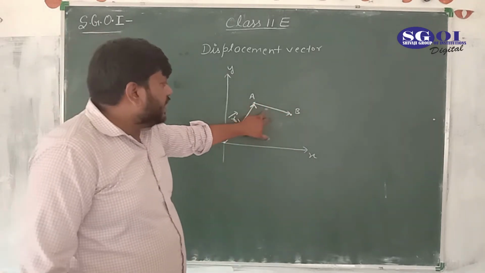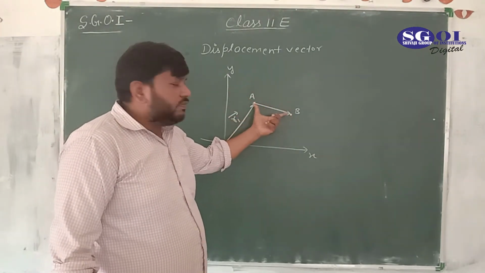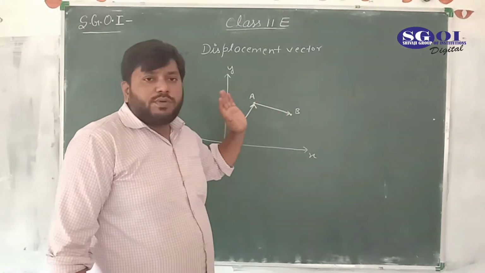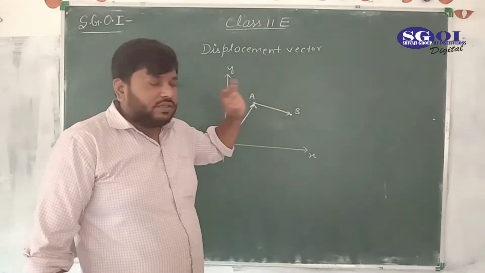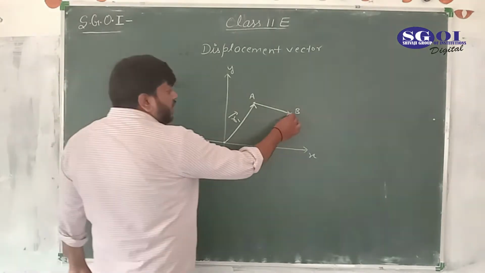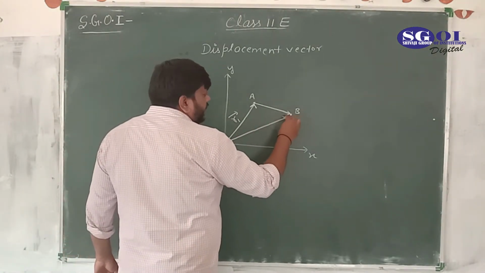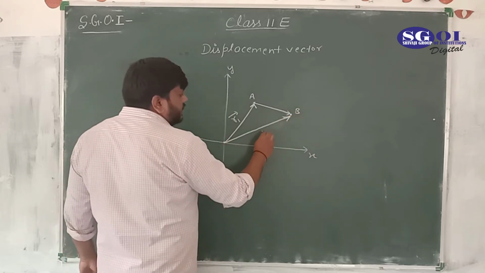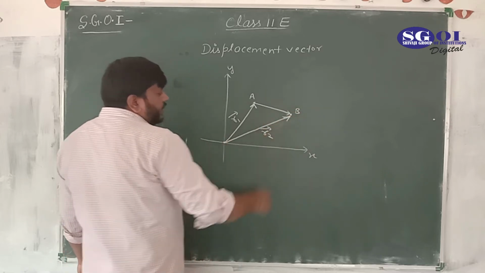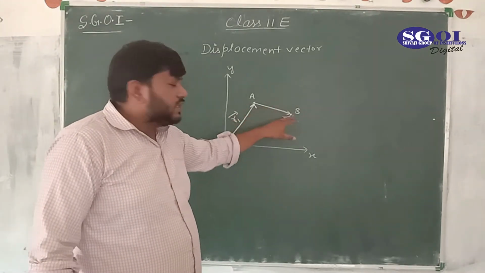So I represented a vector from here to here, and the length of this vector is the distance moved by the object, and this is the direction. Arrow sign is representing the direction. And position of this vector is now represented by the position vector. This is R2 vector. Okay, this is R1 vector, this is R2 vector, and this is A.